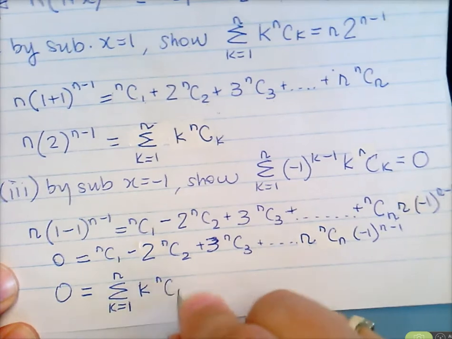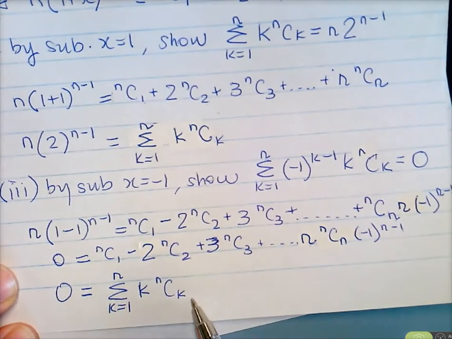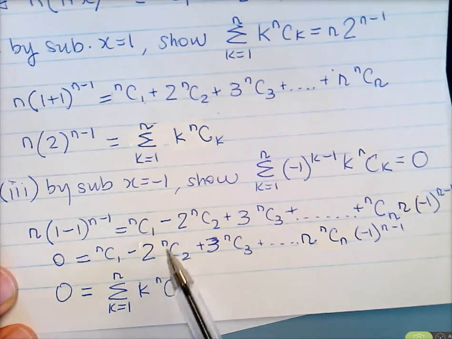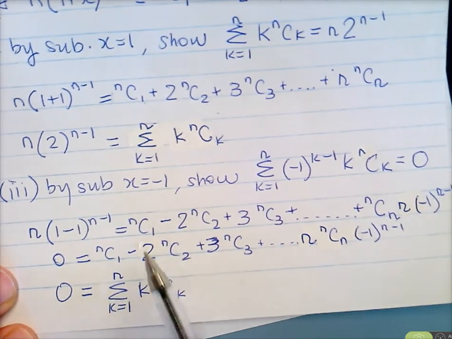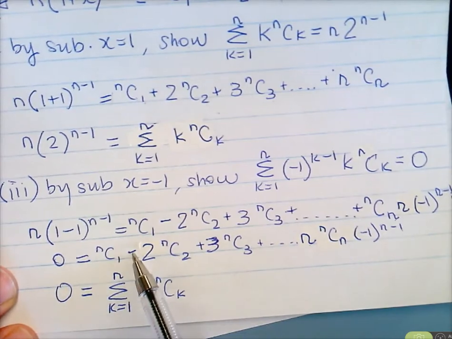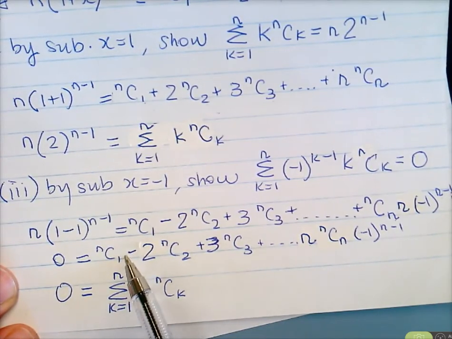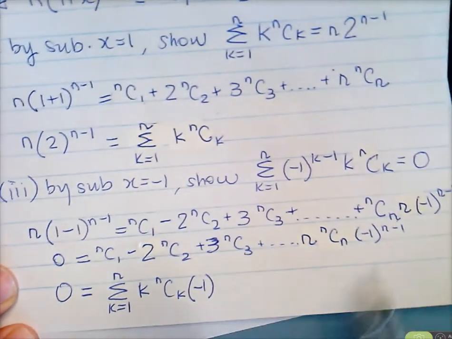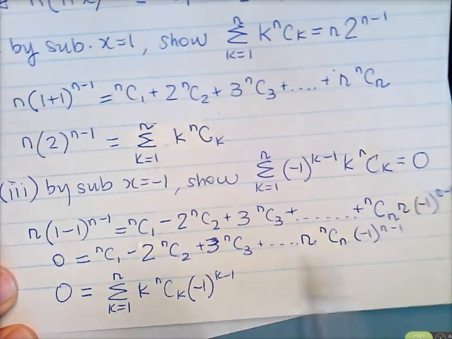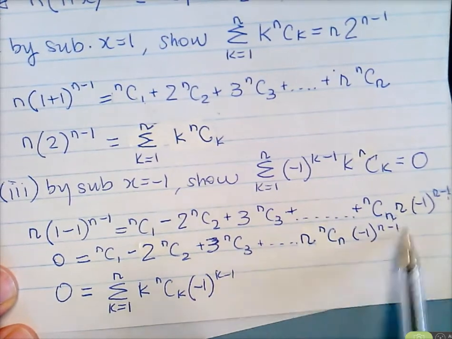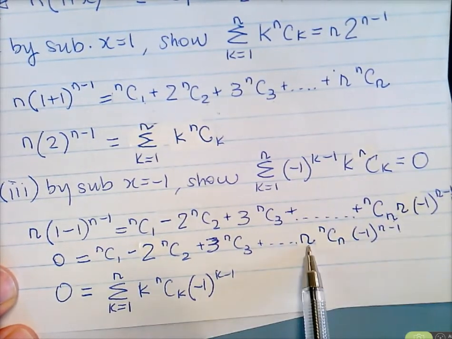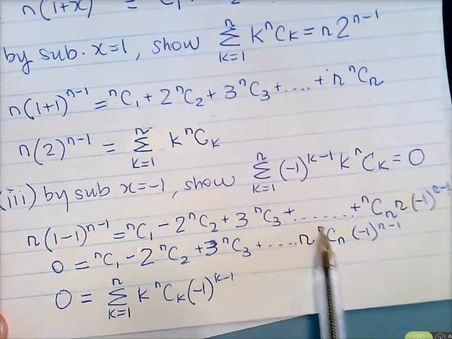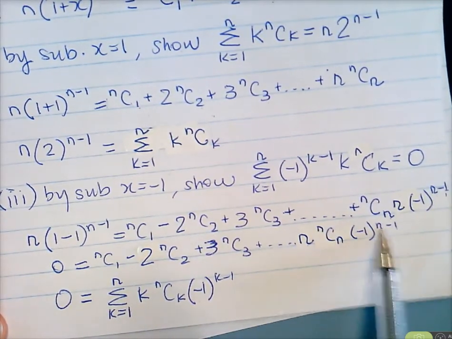You've got nCk. That k is the same as this, but sometimes it's positive in front of it, sometimes it's negative. So that's where you put negative 1 to the power of k minus 1. You just take the last term and replace the n anywhere along. You've got k, nCk, negative 1 to the k minus 1.